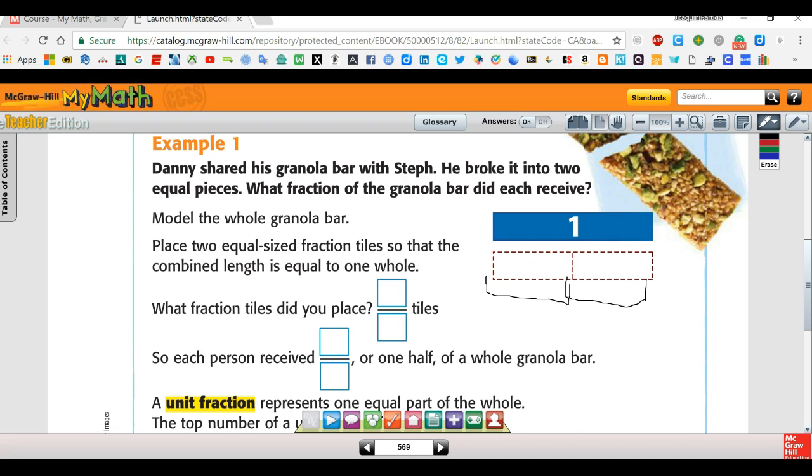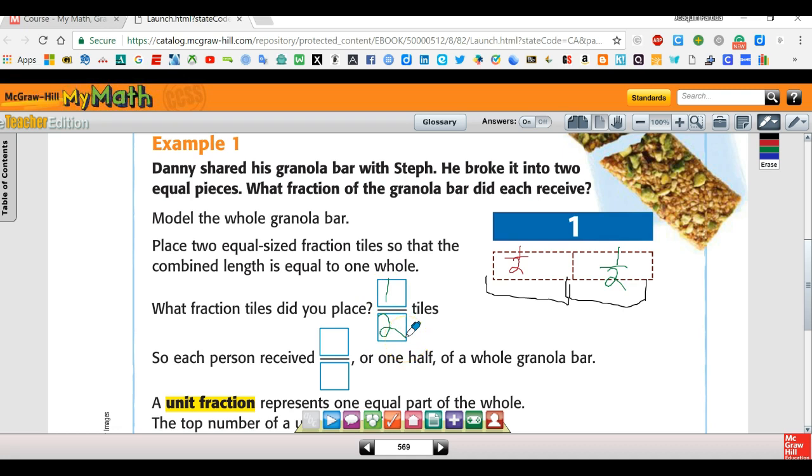A half. Okay, and it's a half. It's 1 over 2. And so you write a half like this. I'll write it again. So Stefan also got a half, 1 over 2. Okay. So what fraction did you place? A half, 1 over 2.